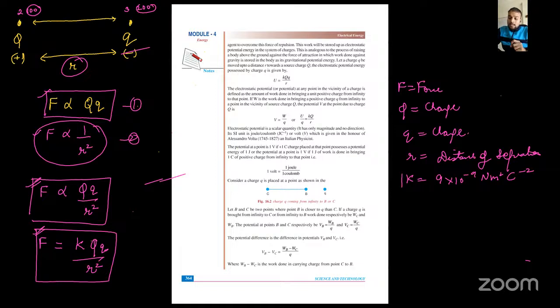This k replaces the proportionality sign and is called a constant. It is always fixed. Did you understand Coulomb force now?